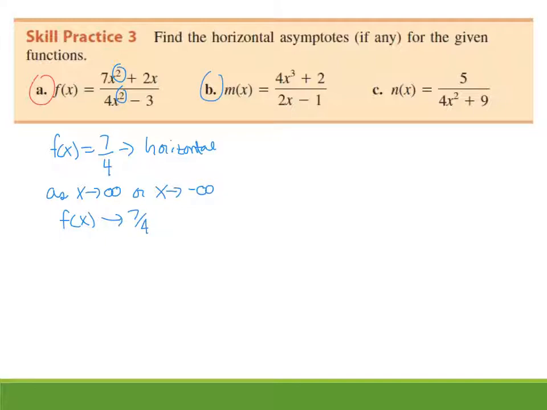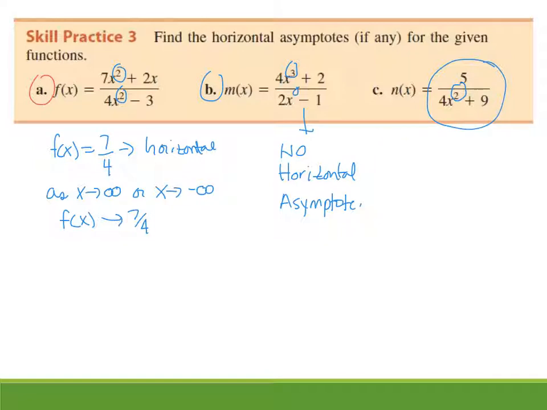In part B, the degree of the numerator is greater than the denominator. In this case, there is no horizontal asymptote. In the final one, we see that the numerator doesn't have an x term and the denominator has a second degree polynomial.